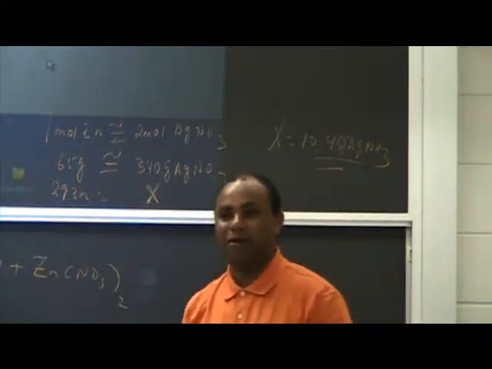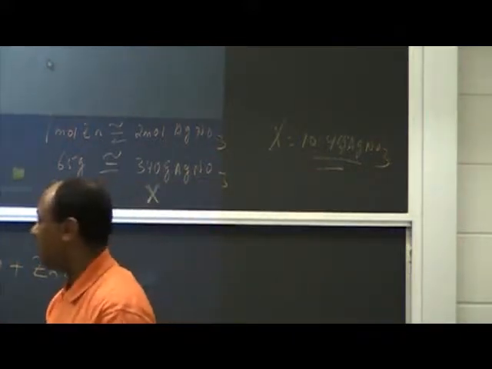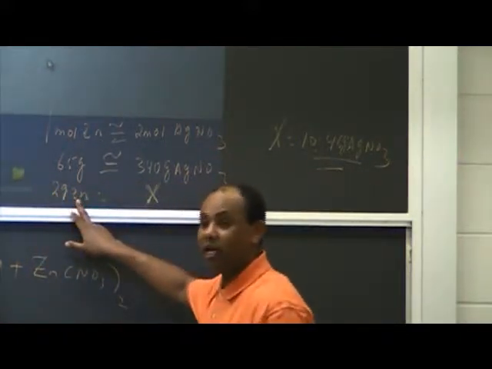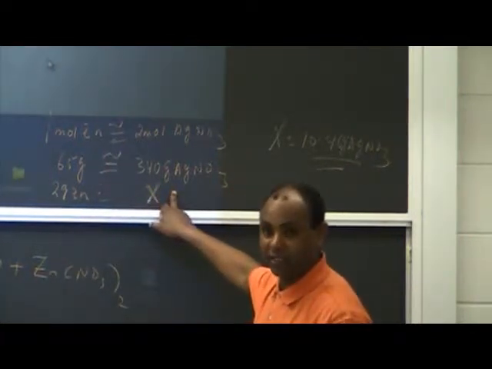Common sense: 10.46 is bigger, that is true. Which means that if you have 2 grams of zinc, you need 10.46 grams of silver nitrate.